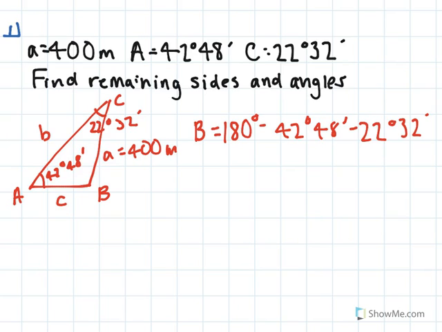If we do the math, that gives us 114 degrees and 40 minutes as our angle B. Remember, in this problem we need to find angle B, side b, and side c. So we found our angle B at 114°40'.